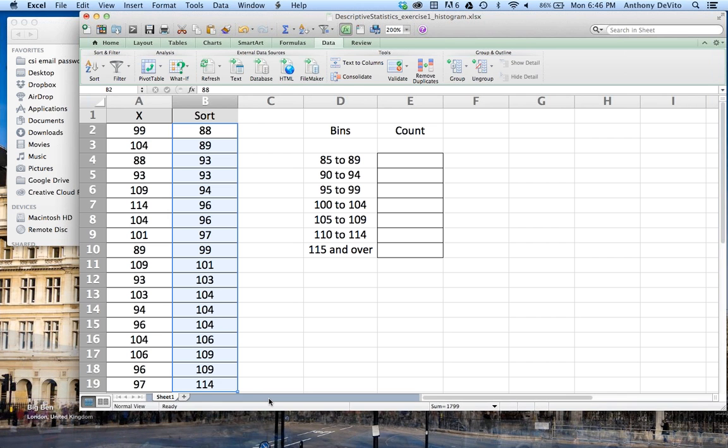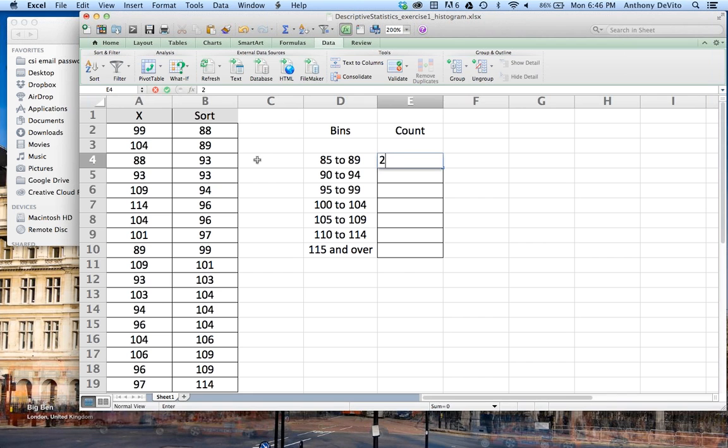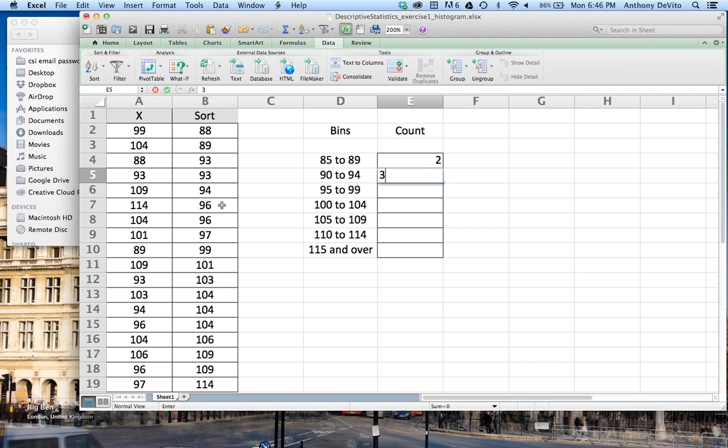For our purposes tonight, let's see how many of these numbers are between 85 and 89. Two of them are. How many are between 90 and 94? Three of them. Between 95 and 99? 1, 2, 3, 4.